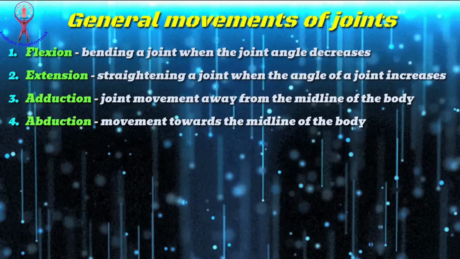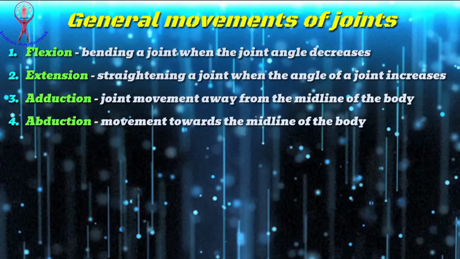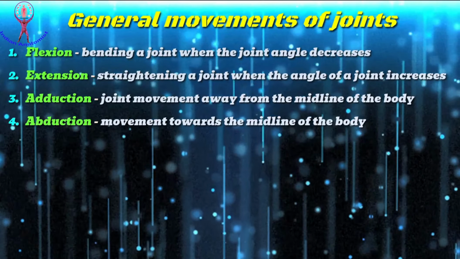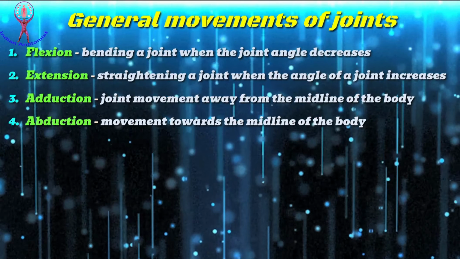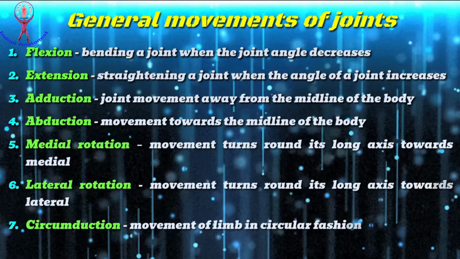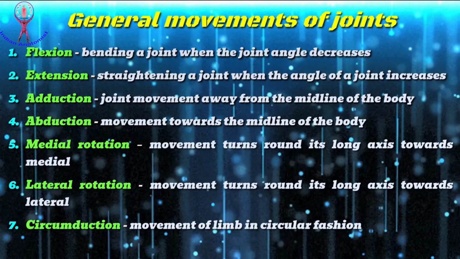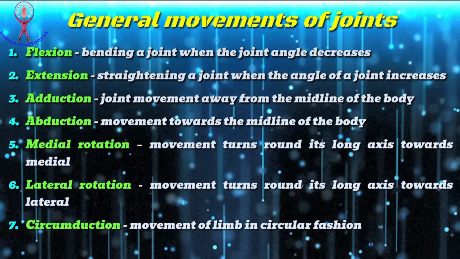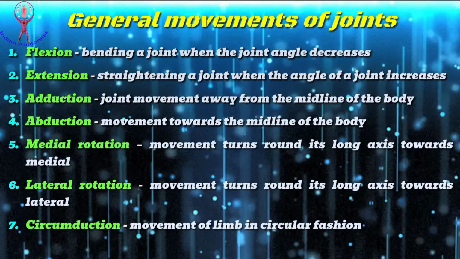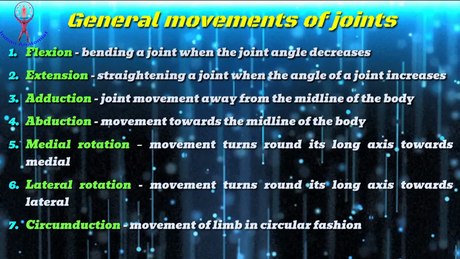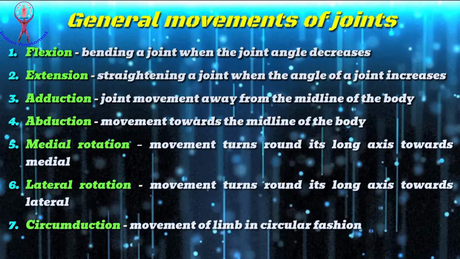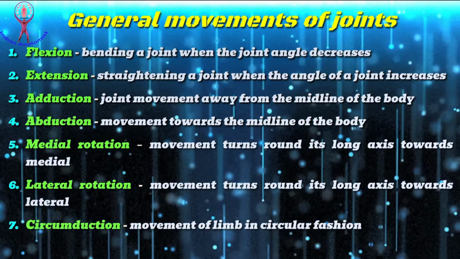Flexion, 2. Extension, 3. Adduction, 4. Abduction, 5. Medial rotation, 6. Lateral rotation, and 7 is circumduction. For the entire explanation about these joint movements, please see my video regarding general movements in anatomy. The link is given in the description box and here too.